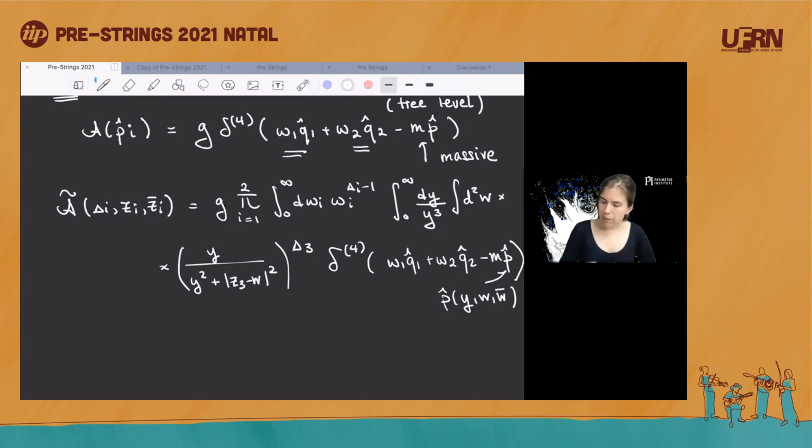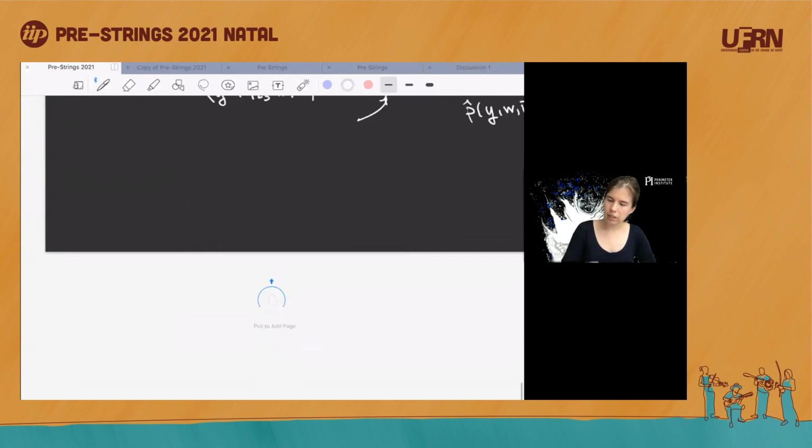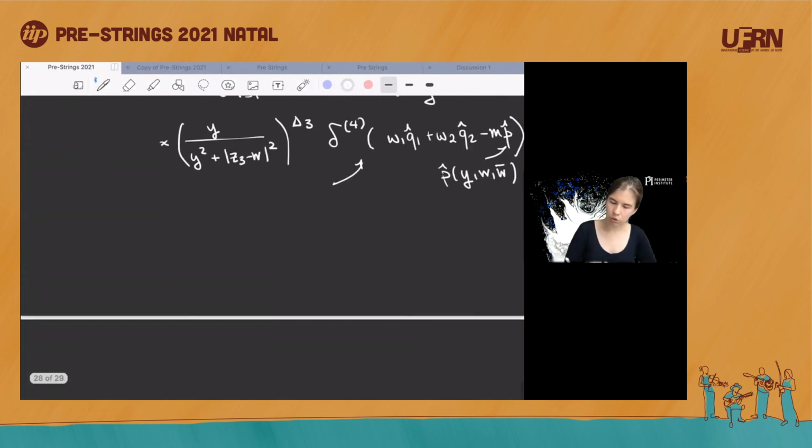And now, using the parametrizations I just wrote down for massive and massless momenta, you can see that this delta function reduces into a product of 4 delta functions. You can explicitly do some of these integrals, and I don't have time to go through them, but I'm going to leave you with an exercise.